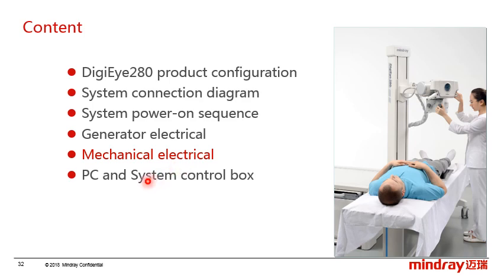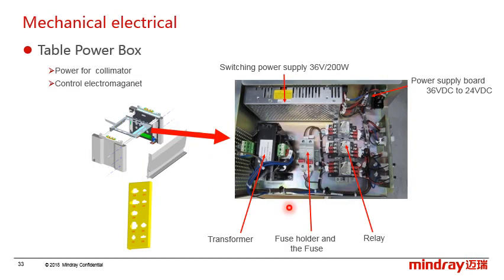Except the generator, the mechanical electrical mainly consists of the table power box. The power box is located under the right side of the table.